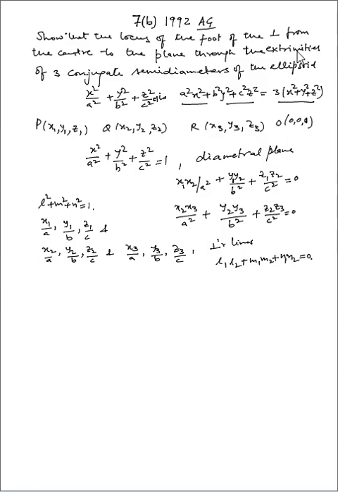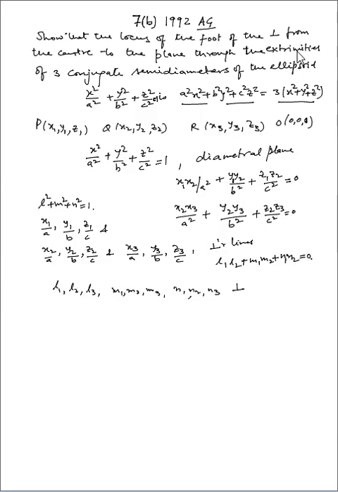And also we know that if l1, m1, n1, l2, m2, n2, l3, m3, n3 are direction cosines of three mutually perpendicular lines, then l1 l2 l3, m1 m2 m3, n1 n2 n3 are also direction cosines of three lines which are mutually perpendicular.